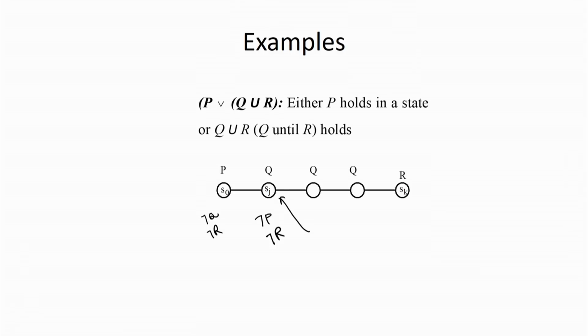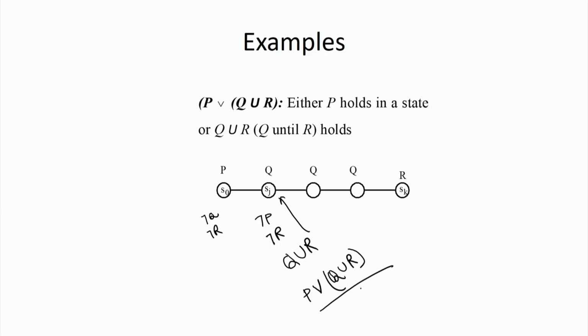So, q until r must be true over here. Now, you just see the execution, q remains true until r becomes true. So, here q until r is true. So, in this particular case P or q until r is true in that particular state.